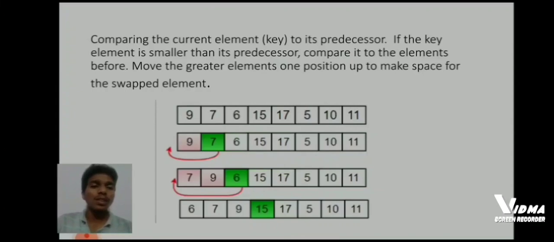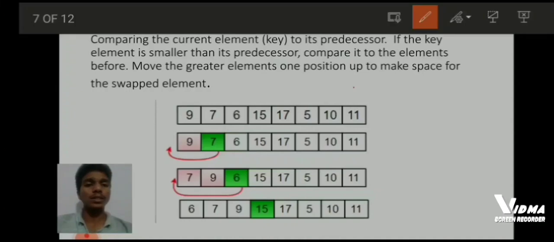So 7 compares with 9, and 7 is smaller than 9, so 7 swaps with 9. In the third diagram, 6 is smaller than 7, so 6 compares with 9 and 7, and since 6 is smaller than both, 6 comes at the first index.